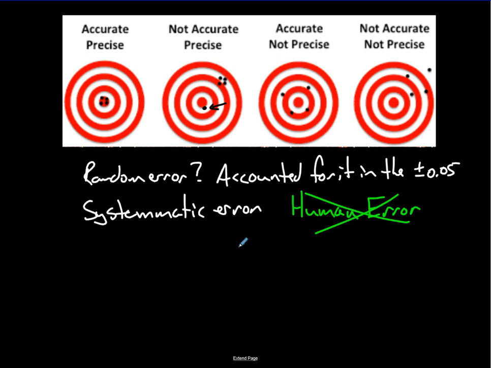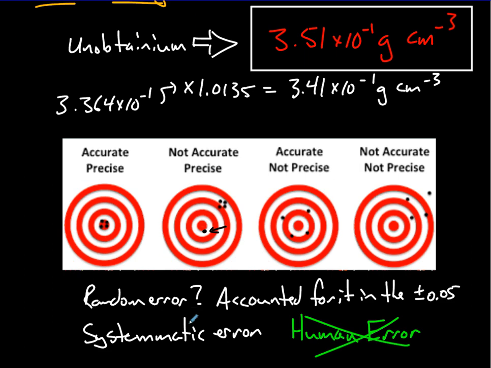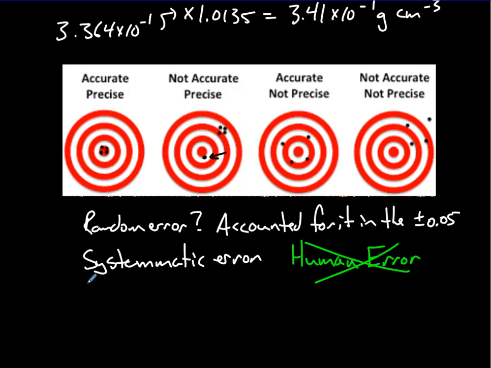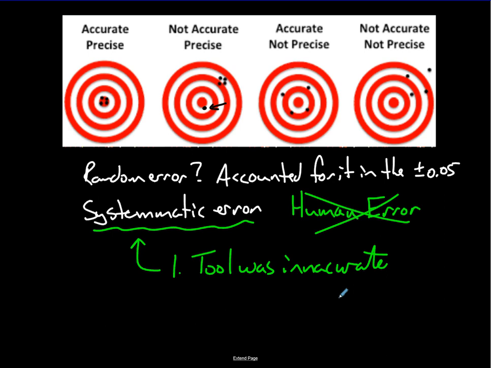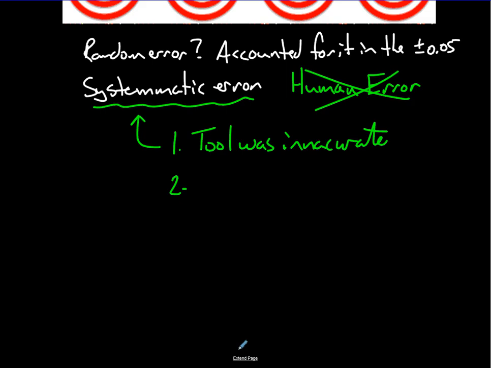There's something else going on. So what might it have been? One thing could be the tool was inaccurate. I used a 10-cent cheap plastic ruler that Mr. Johnson gets in bulk from who knows where, and they're probably not up to standards, let's say. What else could it have been?